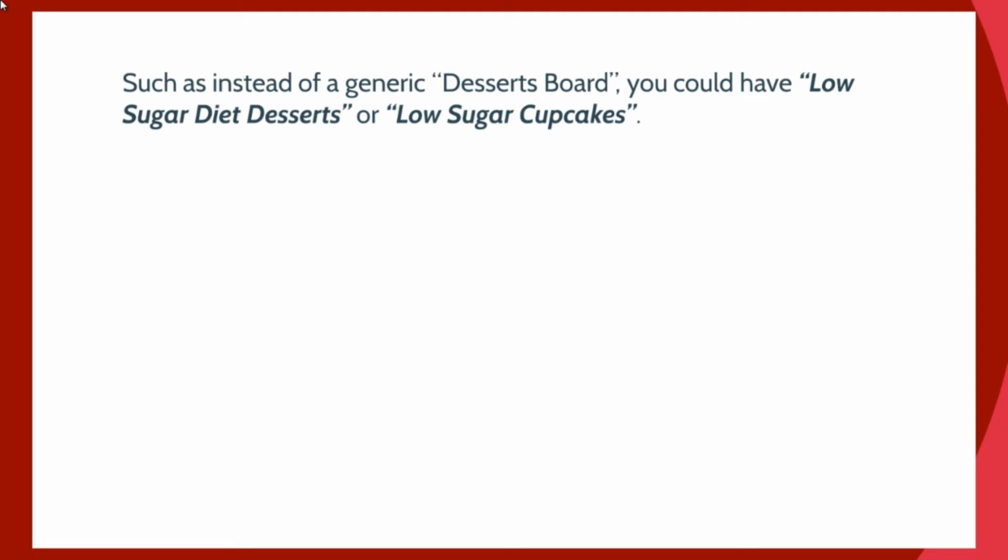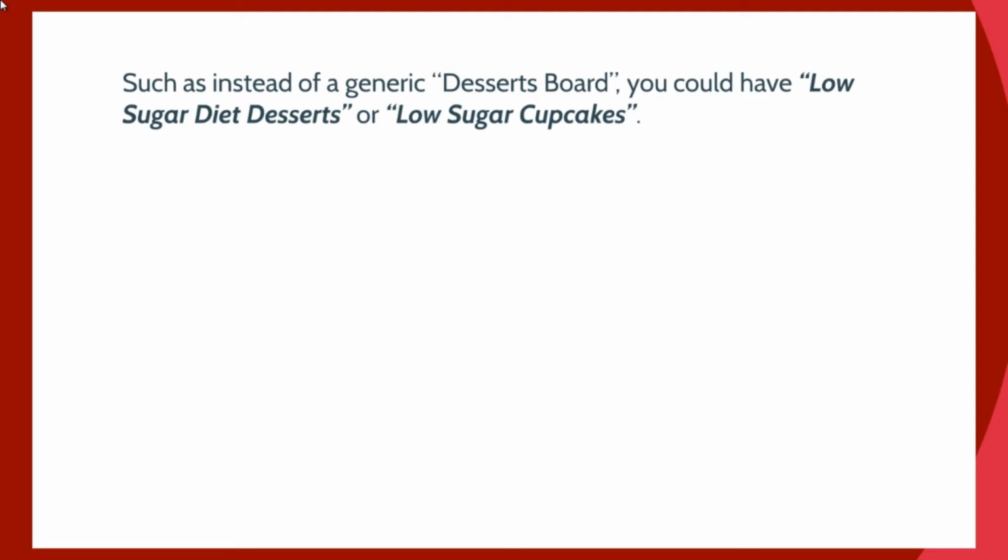So when they click over, they see an article that says maybe you're on a diet, maybe you're doing this for health reasons, but that doesn't mean that you can't eat desserts. And here's a bunch of recipes, and maybe you can get them to opt in to your email list, and maybe subscribe, you build a relationship, and then you sell them later on.